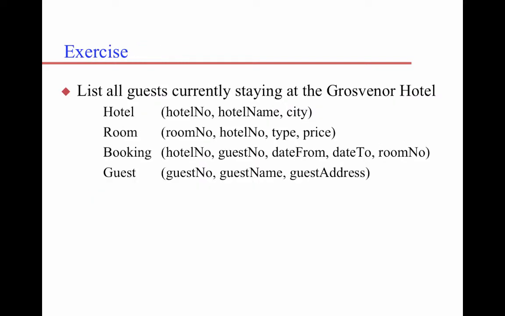So here's the last one. What I want you to do is take maybe 3 or 4 minutes and try to create the query for this using subqueries. I know you can do it using joins, but see if you can construct a query that would give you all the guests currently staying at the Grosvenor Hotel using subqueries.